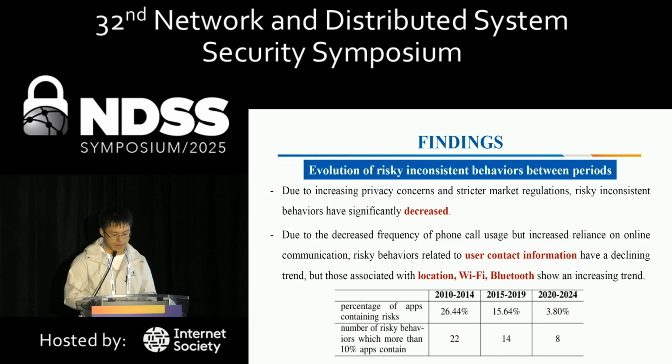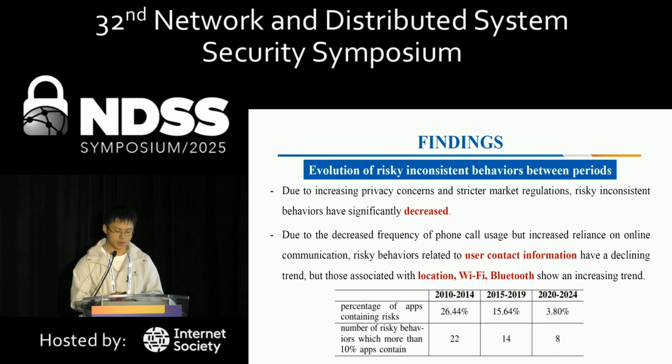Additionally, we collected apps from different time periods over the past 15 years. We found that risky inconsistent behaviors have significantly decreased from 26.44% in 2010 to 3.8% today. This reduction is likely due to increasing privacy concerns and stricter market regulations.